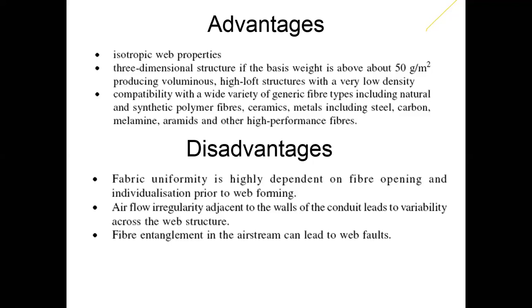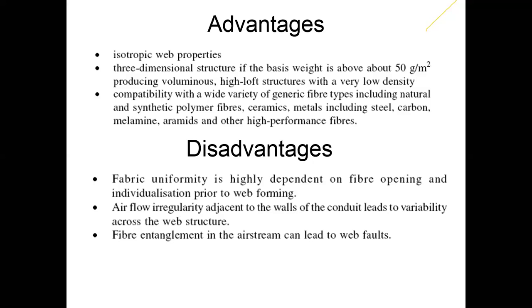Just like in woven fabric, the properties of the fabric in all directions are not the same. If you apply load in one direction, like the warp direction, the load is different; in the weft direction, the load is different. If you apply load at 45 degrees, then the load is entirely different. So they are not isotropic material, they are anisotropic material. Isotropic means the fabric properties in all directions are the same.